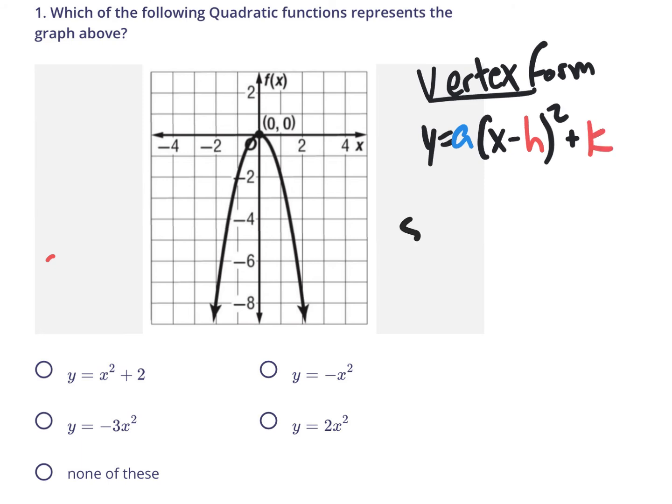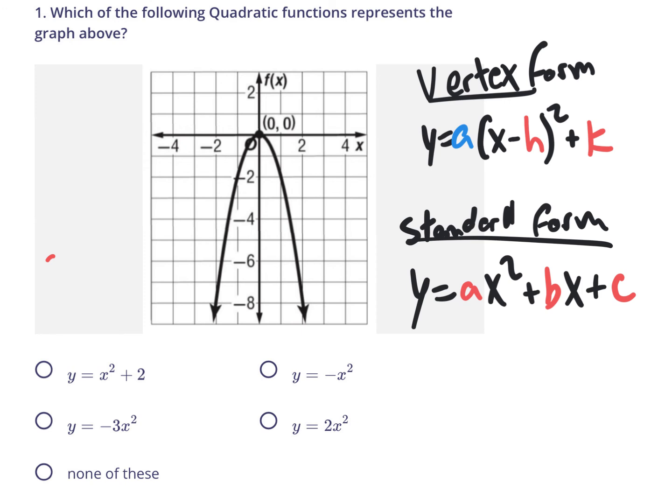And we also know standard form, and standard form is easier. Standard form is y equals ax squared plus bx plus c, where your a, b, and c are just numbers, right?